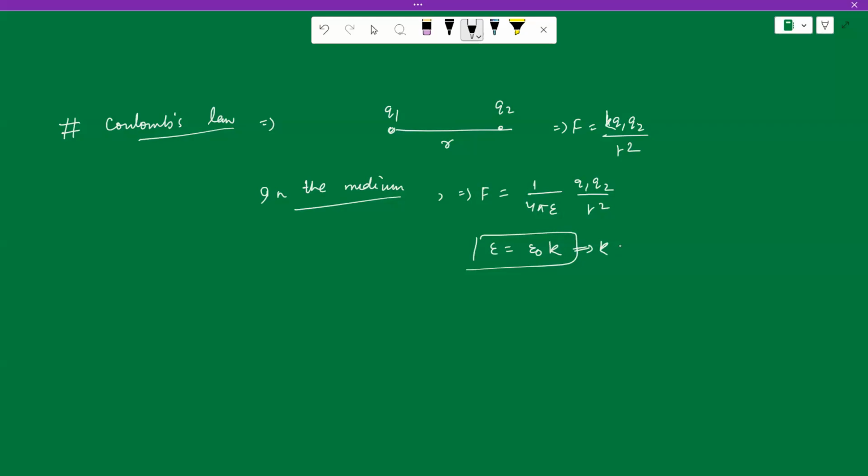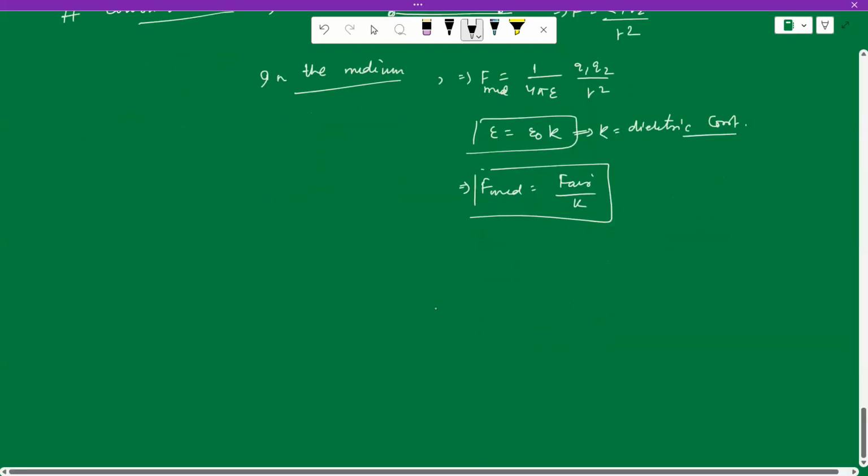Where this kappa is the dielectric constant, and then this F medium becomes simply F air divided by this kappa. So this is Coulomb's law, and then we add the equilibrium condition to it.